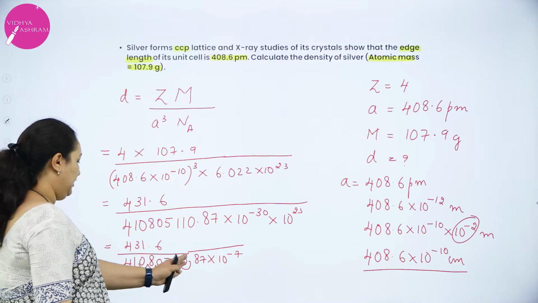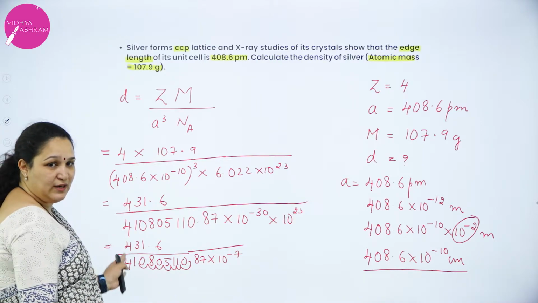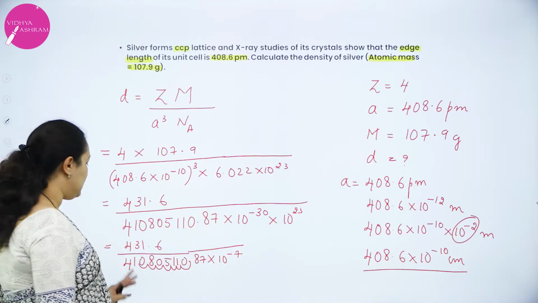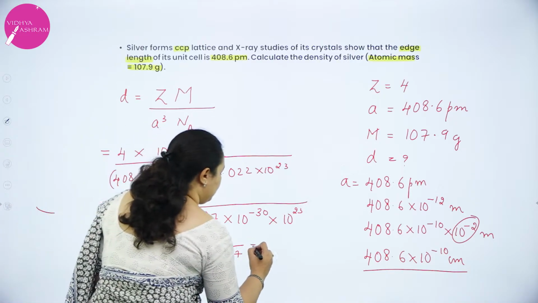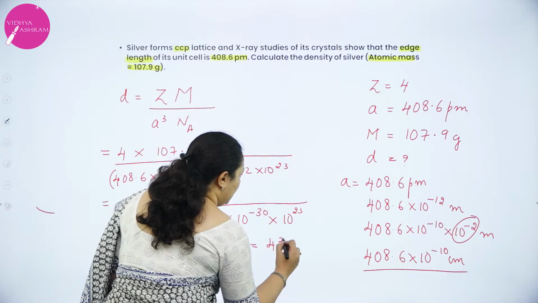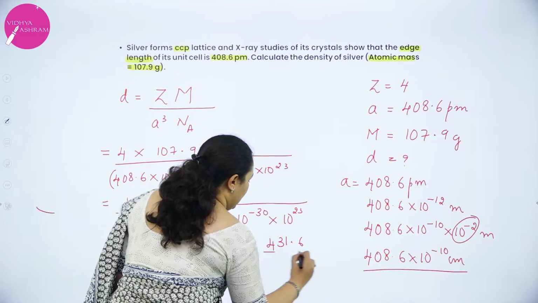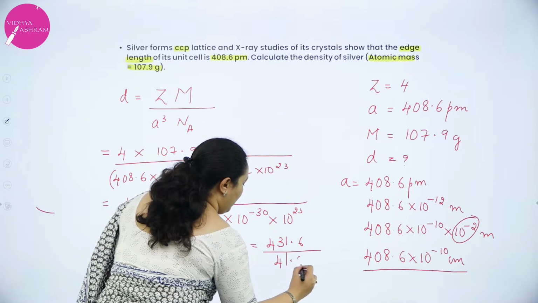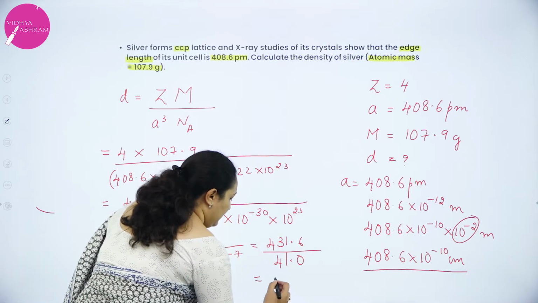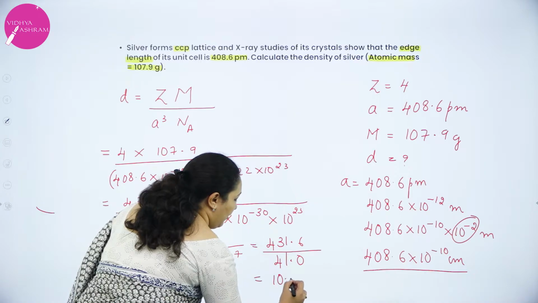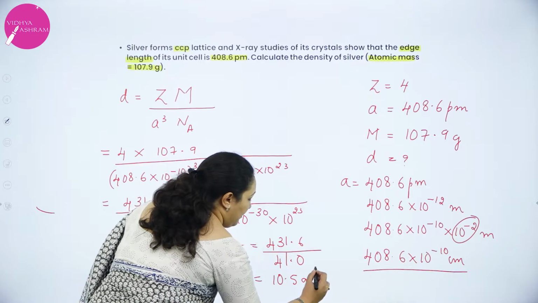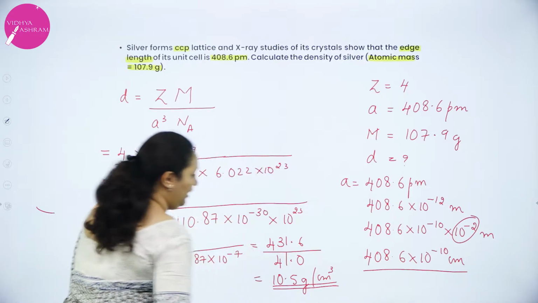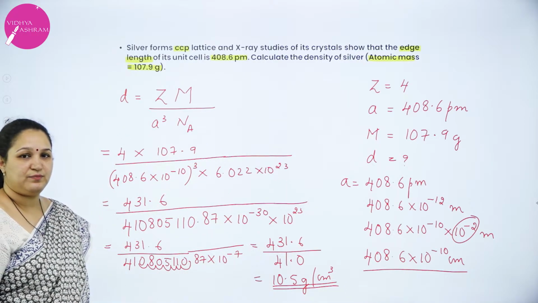That means if I move it this side, it will become 10 to the power 7. So minus 7 and 7 will get cancelled. So I will get 431.6 divided by 41.0, which gives 10.5 gram per cm cube. So this is the final answer.